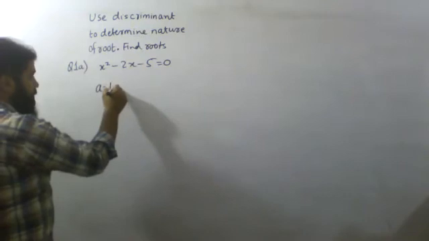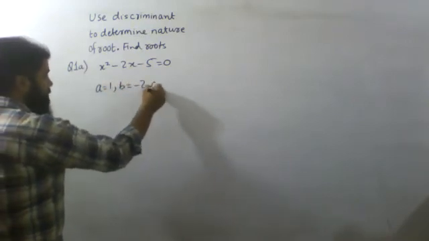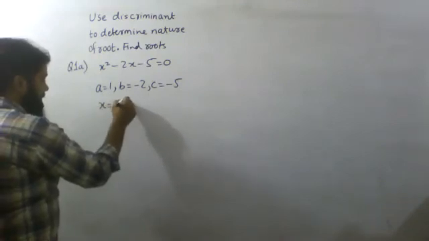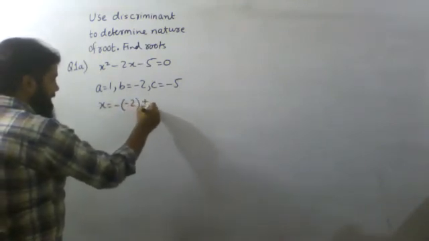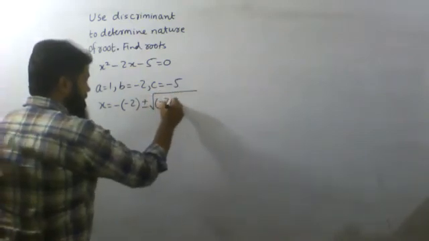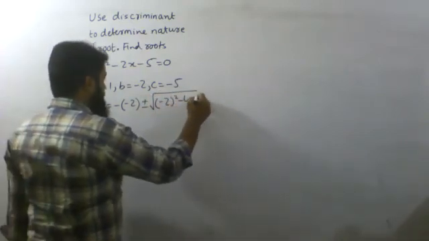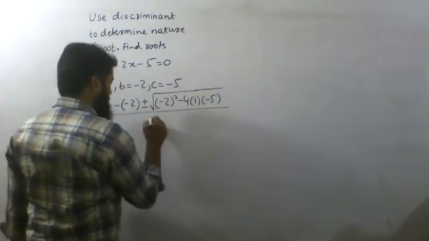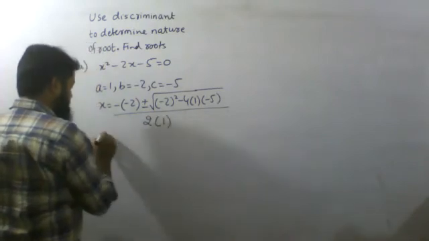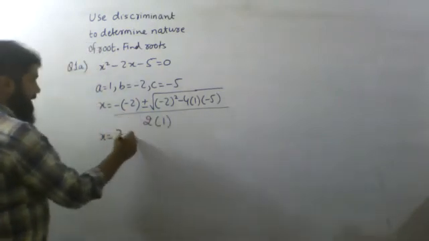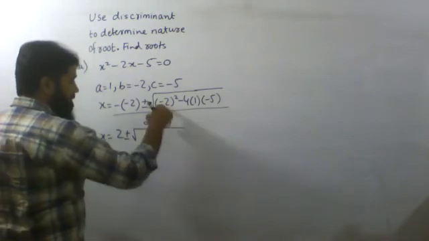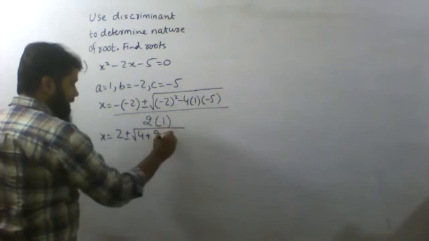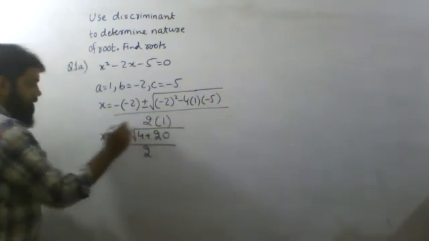So a equals to 1, b equals to minus 2, c equals to minus 5. Quadratic formula, minus b plus minus under root b square minus 4ac upon 2a. So this will become 2 plus minus, 2 square will be 4, 4 5s are 20, upon 2.